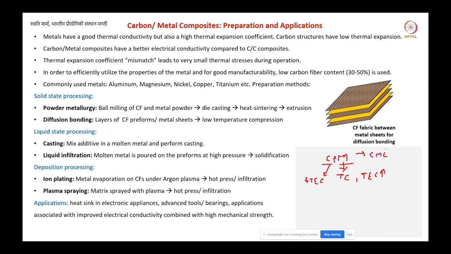Now, when you add these together in a CMC, you will have a metal which is conductive and carbon which is also conductive. So both will give your composite a better electrical conductivity.